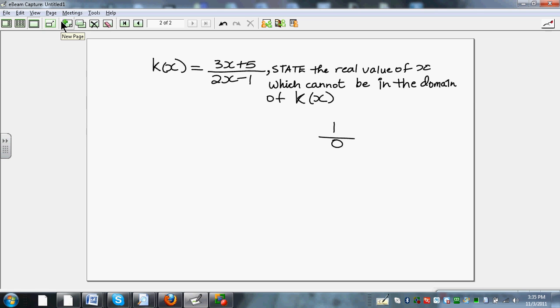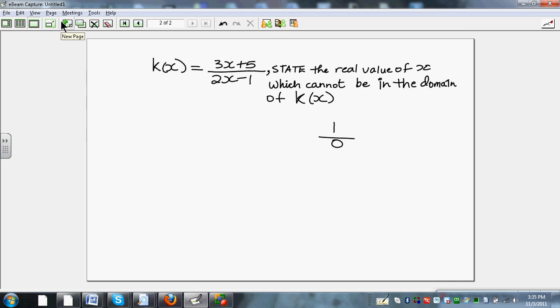So I want you to type it in your calculator and verify what I just said to you. Type in on your calculator, what is 1 divided by 0? And see what your calculator tells you. Right? What is it? Error. And error is not the same as 0, right? It means that something is wrong.